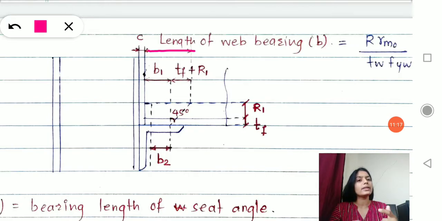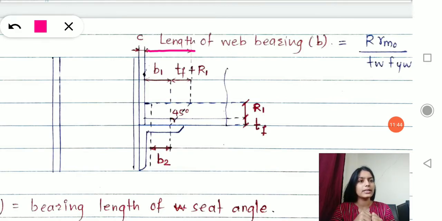The calculation of the length for which we are utilizing that bearing capacity is what we call the length of web bearing. How much length of the web of your I section we are using, that calculation is called length of web bearing.